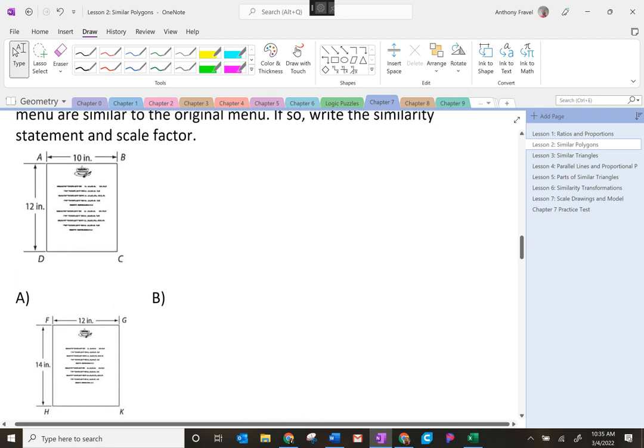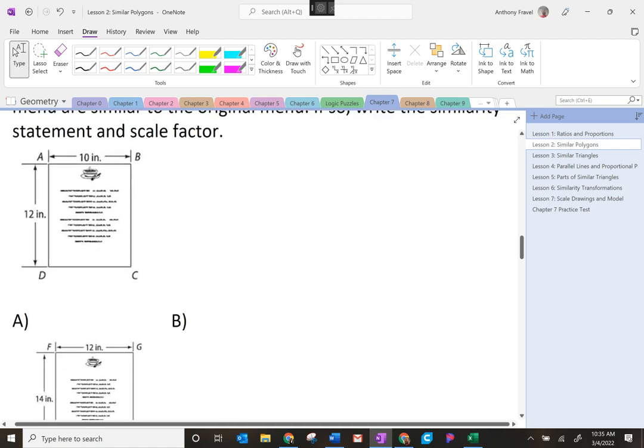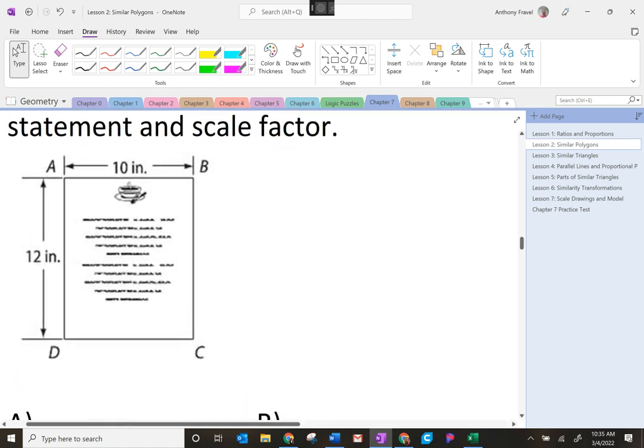So my original scale is this 10-inch to 12-inch. For this scale, any thoughts on how we could figure out what the scale factor is? Or sorry, what the proportionality is for this one?